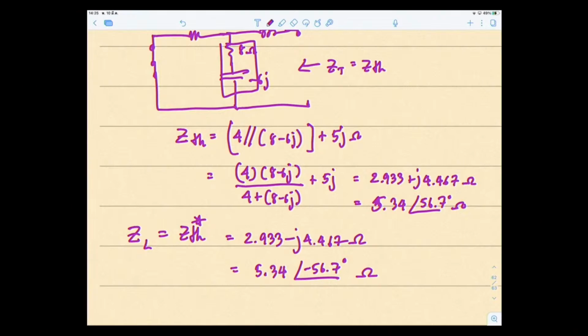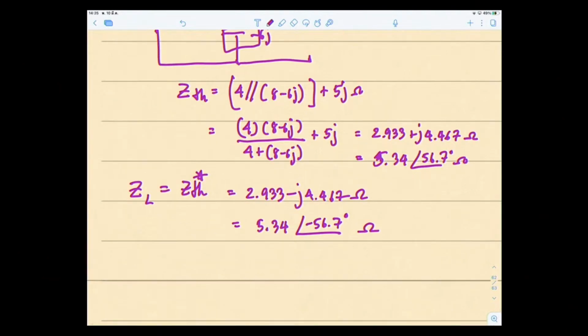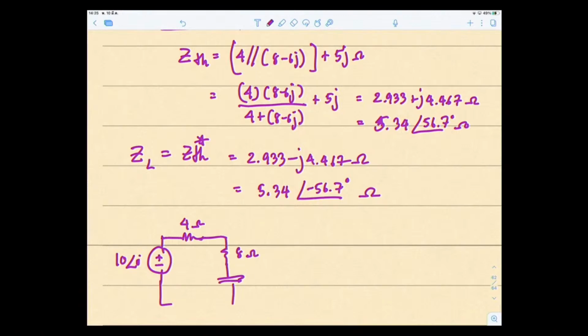Now, you want to find the maximum power, so you have to find VTH, the Thevenin voltage. This is the original problem. You remove your ZL, and this is your open circuit voltage, which is equal to VTH.